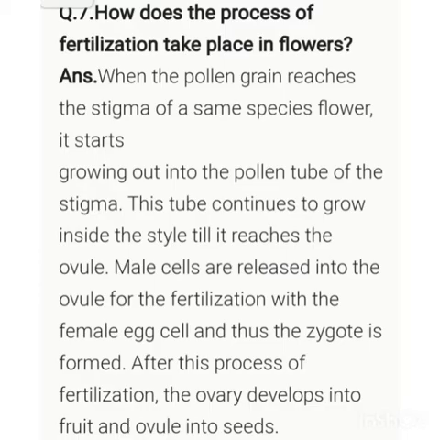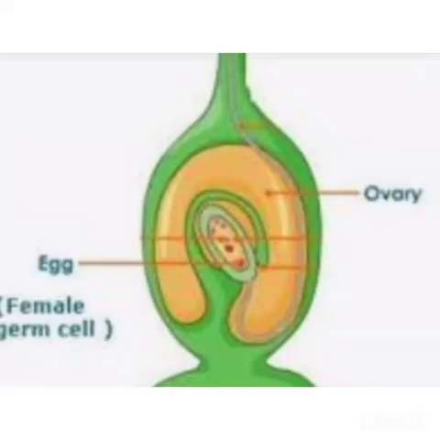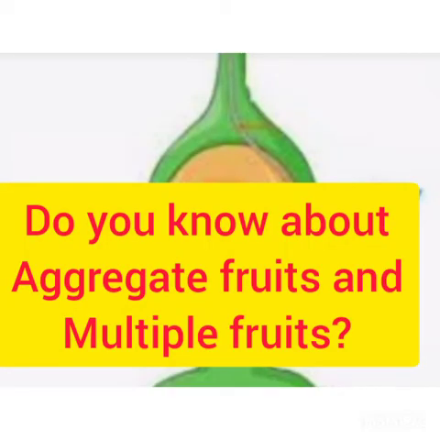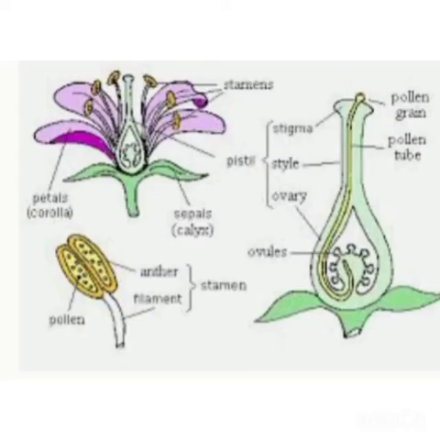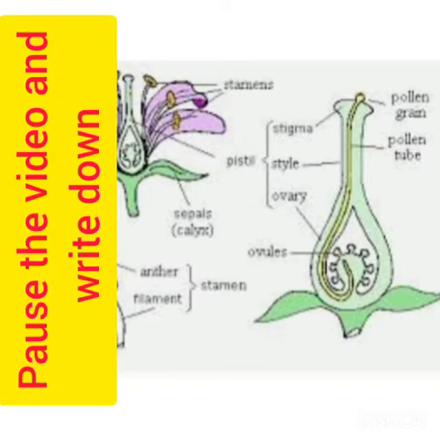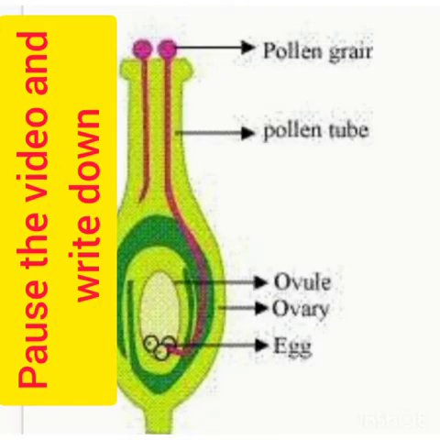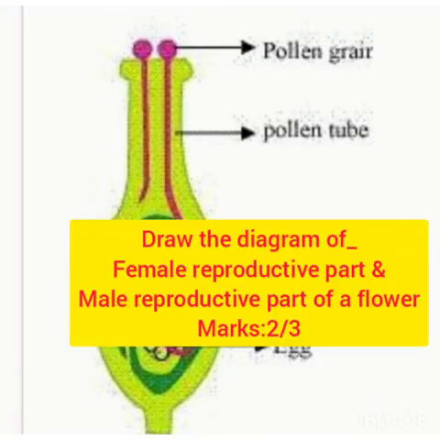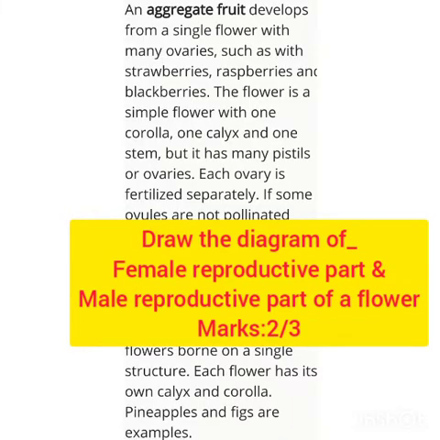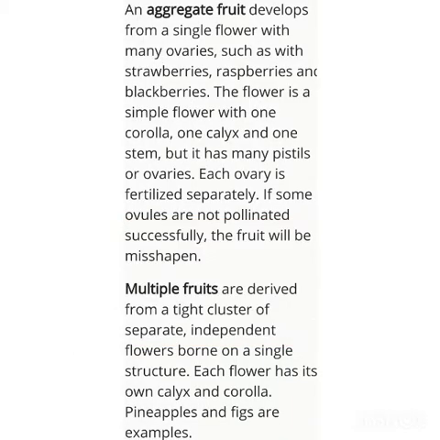So in this question you write: when the pollen grain reaches the stigma of a flower of the same species, it starts growing out into the pollen tube of the stigma. This tube continues to grow inside the style till it reaches the ovule.